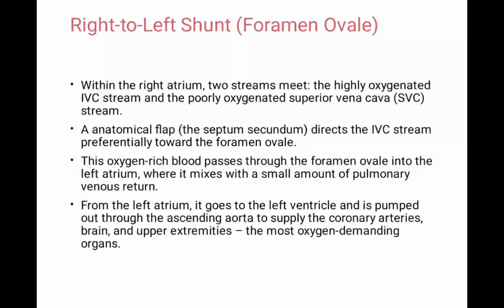Now, as it gets to the right atrium, two streams of blood meet: a highly oxygenated IVC stream, and a poorly oxygenated superior vena cava stream. So we have blood from the superior vena cava and inferior vena cava all coming to the right atrium. The anatomical flap, that's the septum secundum, we'll look at the anatomy of the heart in subsequent videos.